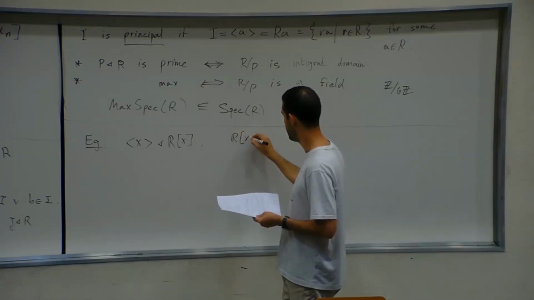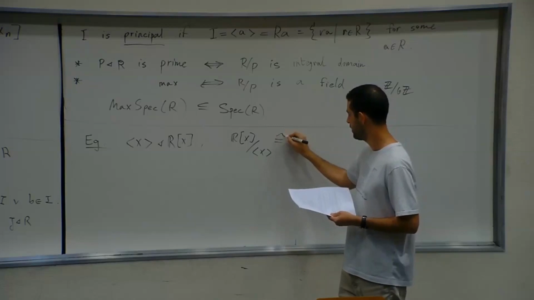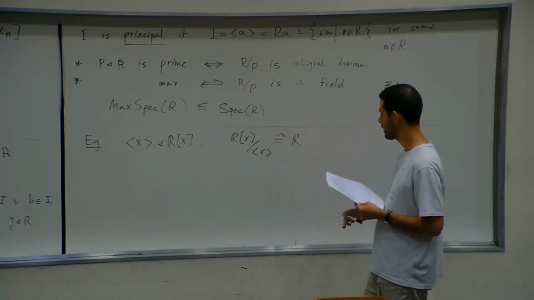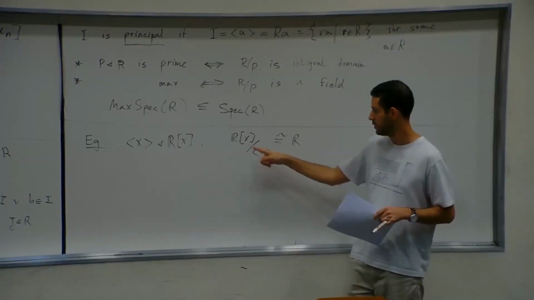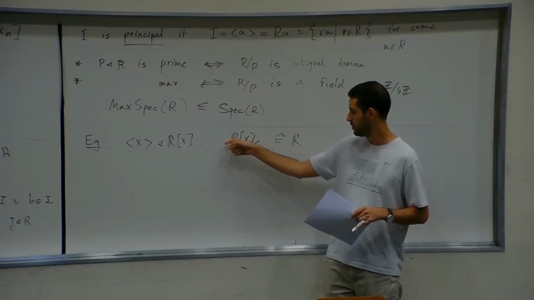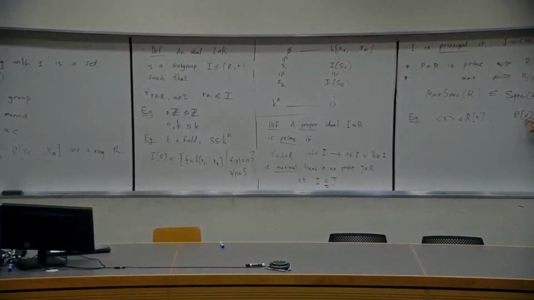We can check the quotient and see that it is isomorphic to R. One way to show it is to take the ring homomorphism from R[x] to R which substitutes 0 for X. Its kernel is exactly this ideal, and the first isomorphism theorem gives us this isomorphism. Since this is a field, this is maximal.